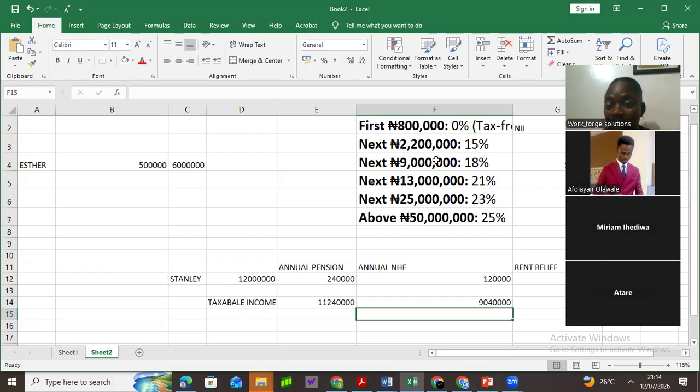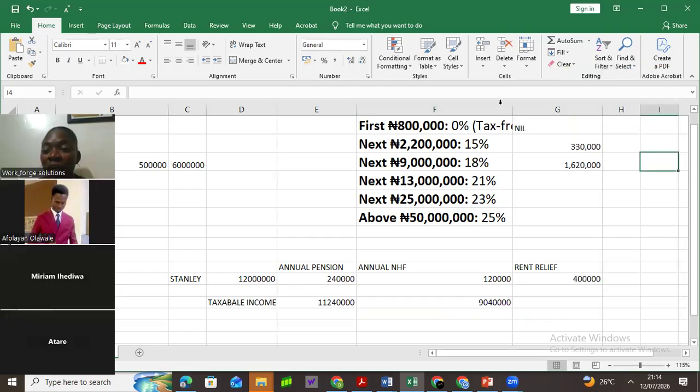Okay, instead of just 9 million, do 18% of this. Do you understand? Yes, 18%. We did only 9 million naira. I want us to do it for this amount in total, because that's all that's left.